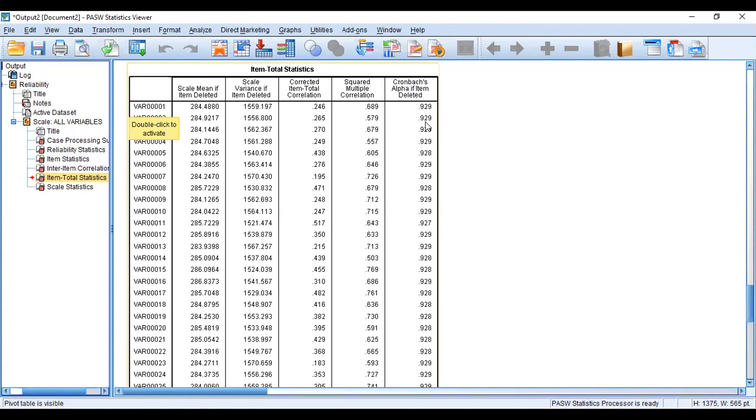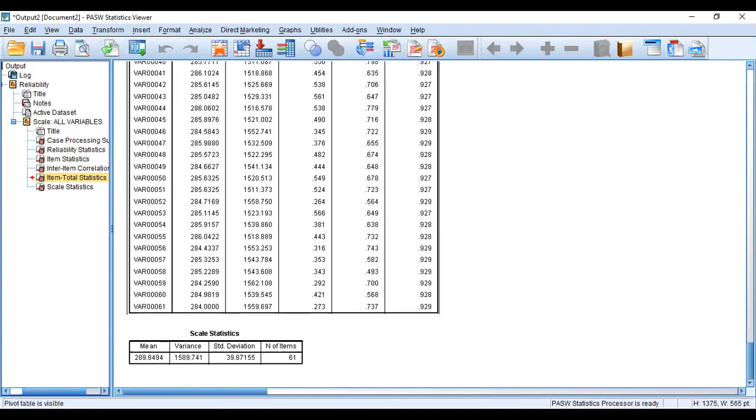If we delete question number two, it remains 0.929. We need to check for a value higher than 0.929, and in this analysis there is no such value. That means we need not drop any question in the questionnaire and it is reliable.